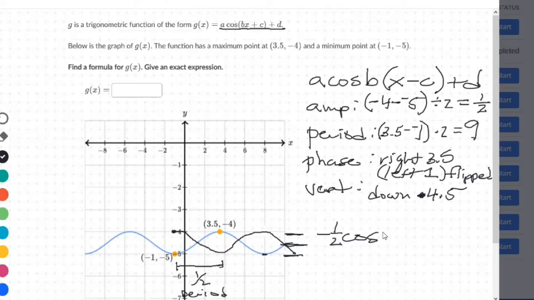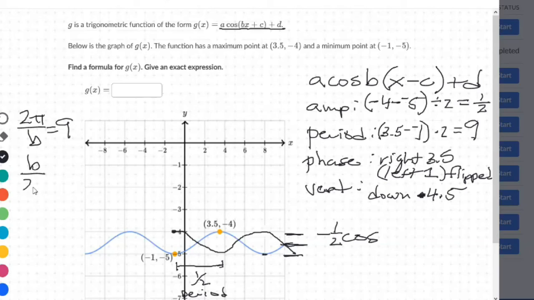Remember that the normal period is 2 pi. So you have to figure out what number you would put in here so that when you took 2 pi divided by that number, you would get 9. Now, if I rearrange this, I can flip both sides upside down.